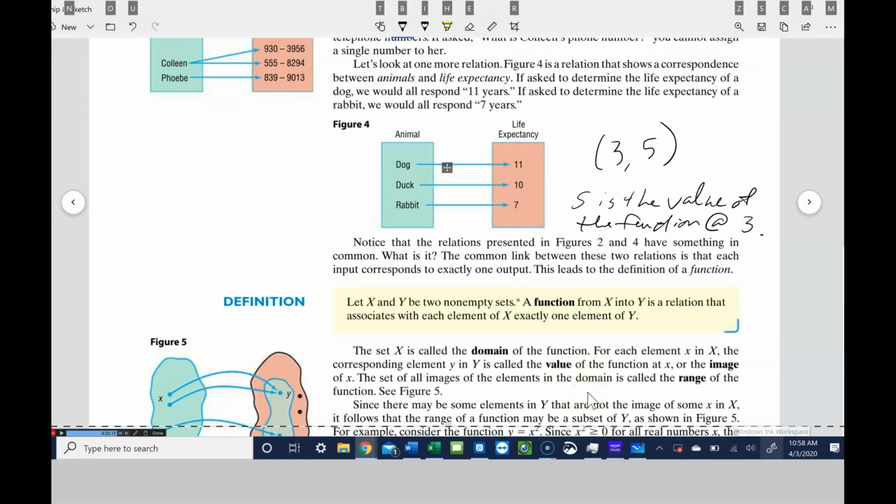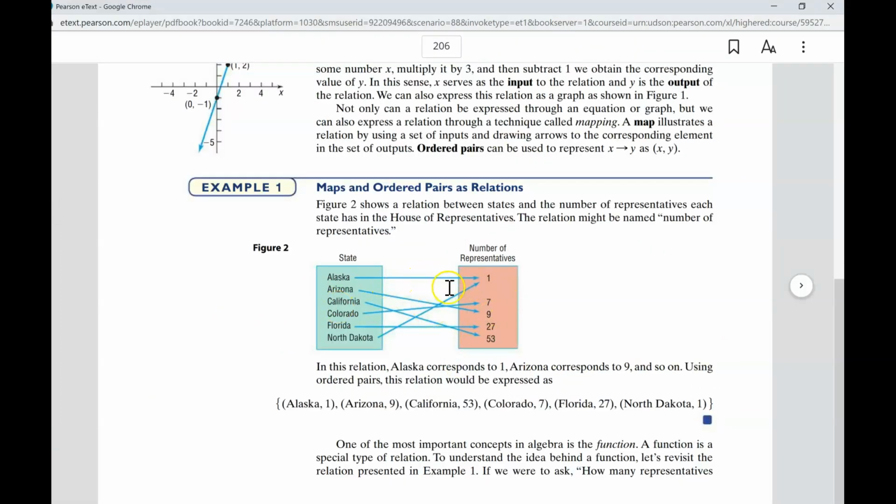All right. Let's look back at example 1 now and decide whether this is a function. The simple question you can ask yourself is, is it perfectly predictable according to input? Is there any debate, if you set a particular input, as to what the output would be? So if I said Alaska, Arizona, California, all the way down to North Dakota, if I asked you any of those, would you be able to clearly say without doubt what the output is?